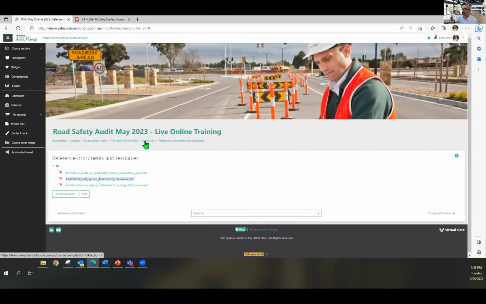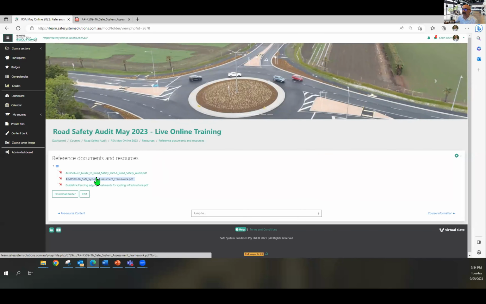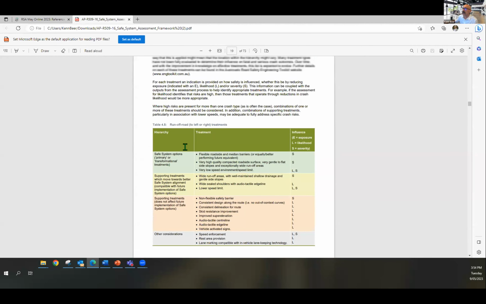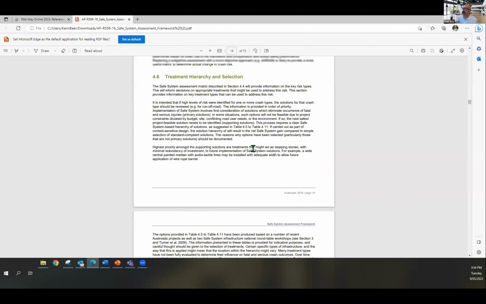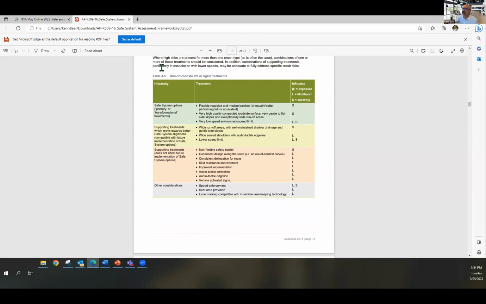So you see here in resources, reference documents, that's the Safe System Assessment Framework. If you go into there, around page 14 starts a description of it. Then you can see you get different crash types, and you get what are primary treatments, what are supporting treatments, and other supporting treatments.